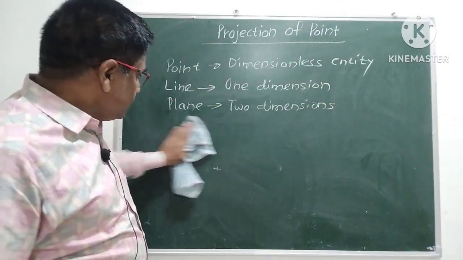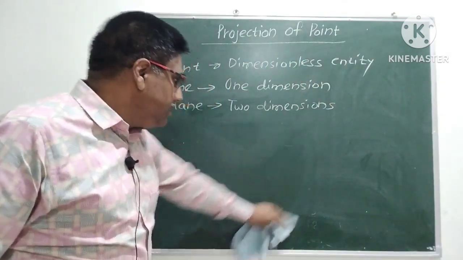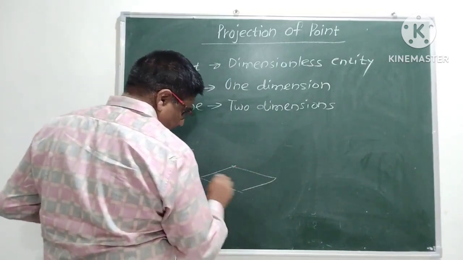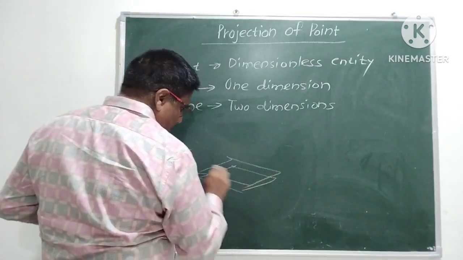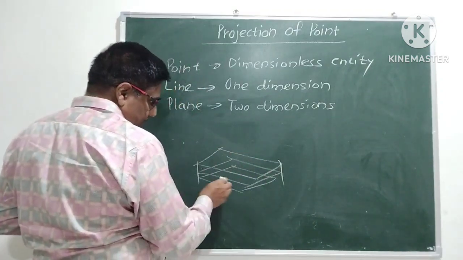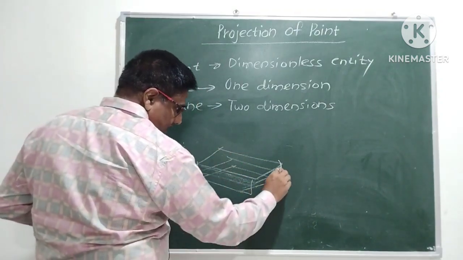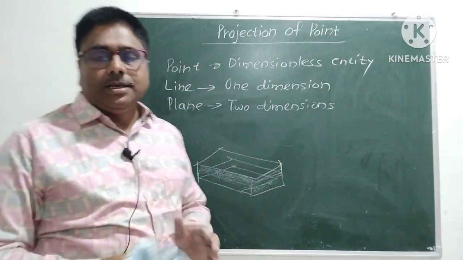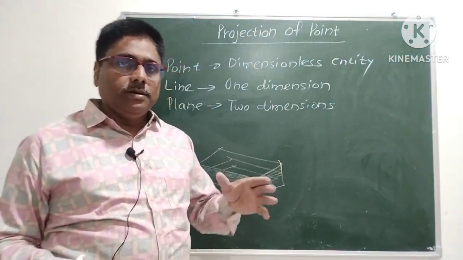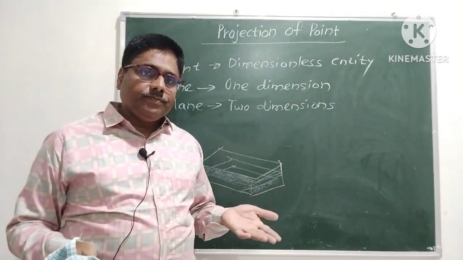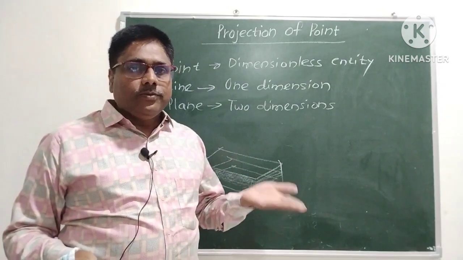After this, solid comes. What is a solid? If we keep an infinite number of planes one above the other, then a solid is formed. We can take the example of a book or notebook. A book or notebook is a collection of a number of pages.